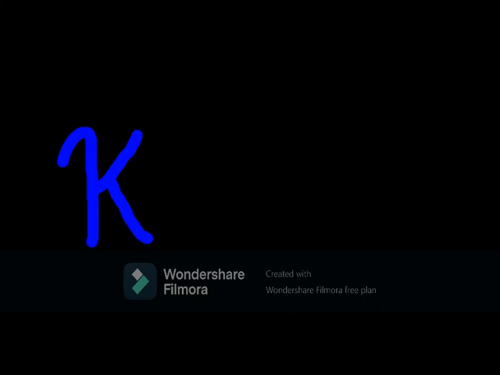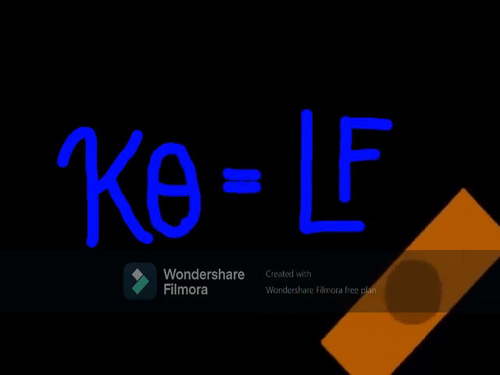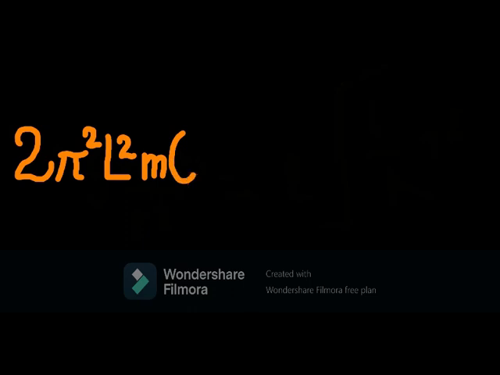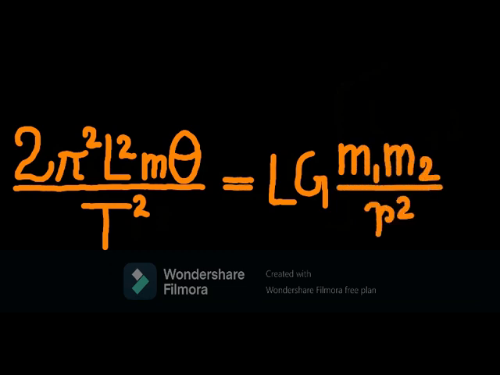And now it's finally time to return to k theta is equal to Lf, the original equation. After substituting all the values, we come face to face with this massive string of variables, which is quite confusing and difficult to look at. But after all that's said and done, we only need to cancel it out.